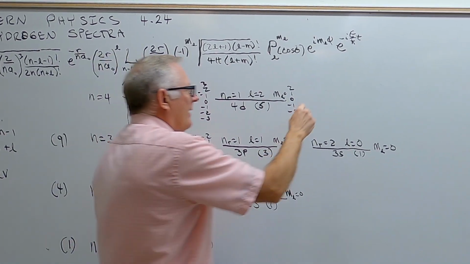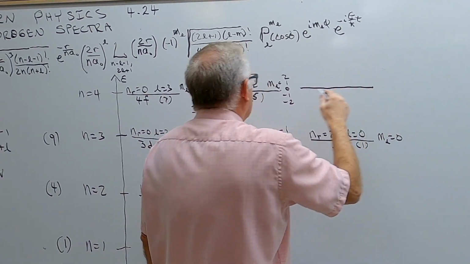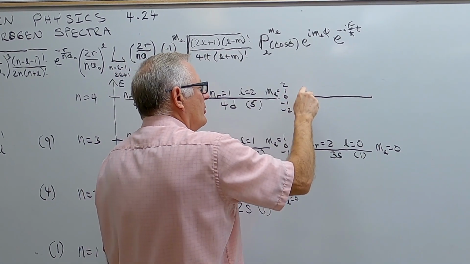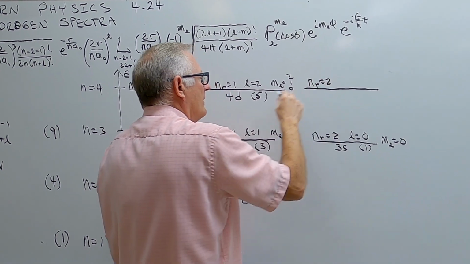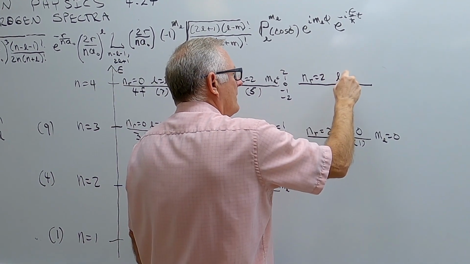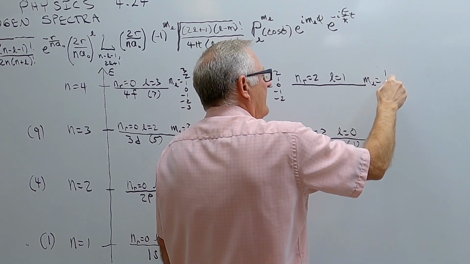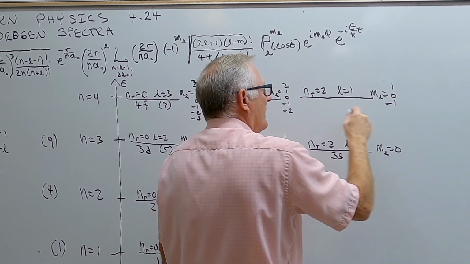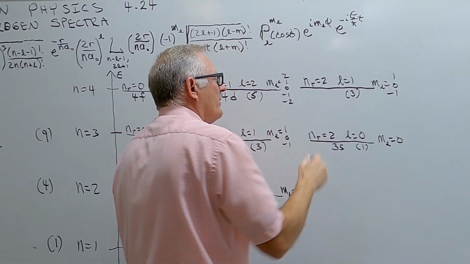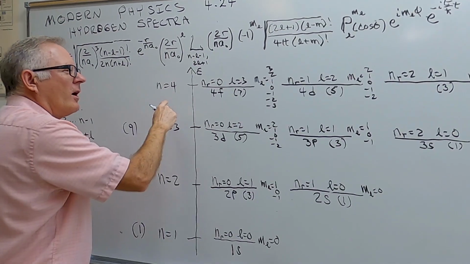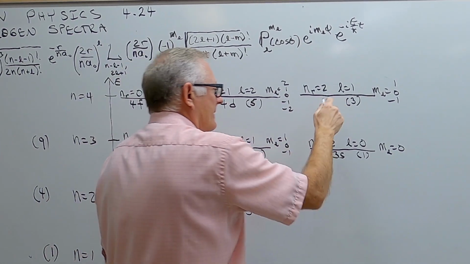Okay, and then out here, we can make n sub r equal 2. That means L equals 1, or m sub L equals 1, 0, minus 1. So there are 3 states here, and we would call that the 4p state.